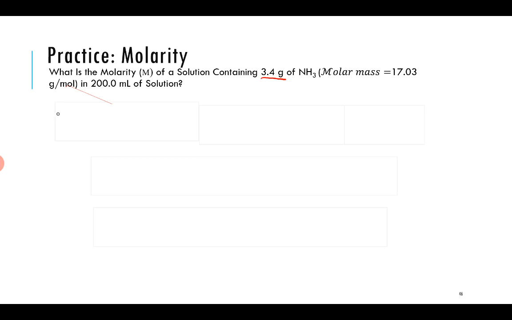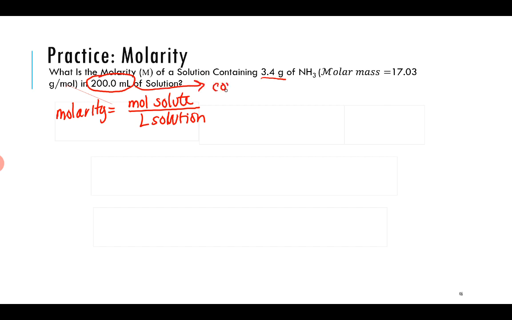It says, what is the molarity? So the molarity is defined as my moles of solute divided by liters of solution. That means I have to get this converted into liters. And this is my solute.